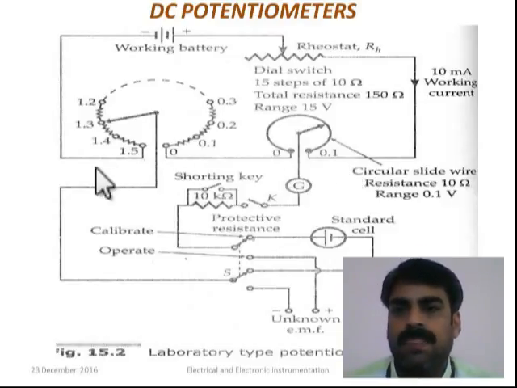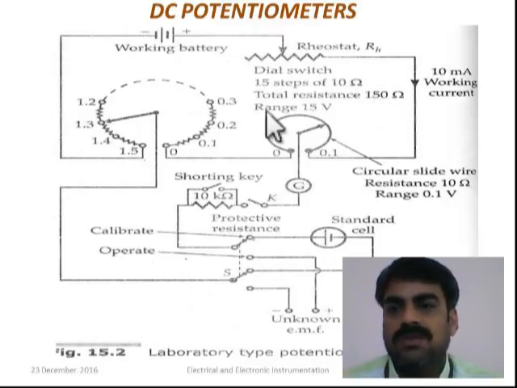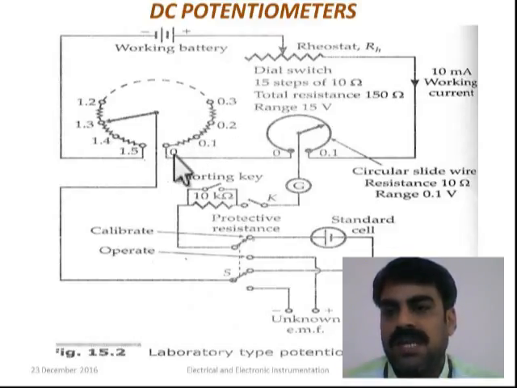The total resistance offered by this main dial switch is 150 ohm. Here you can see the dial switch has 15 steps of 10 ohms, therefore total resistance 150 ohm. There is a scale already marked over the dial switch starting from 0 to 1.5, which is nothing but volts.